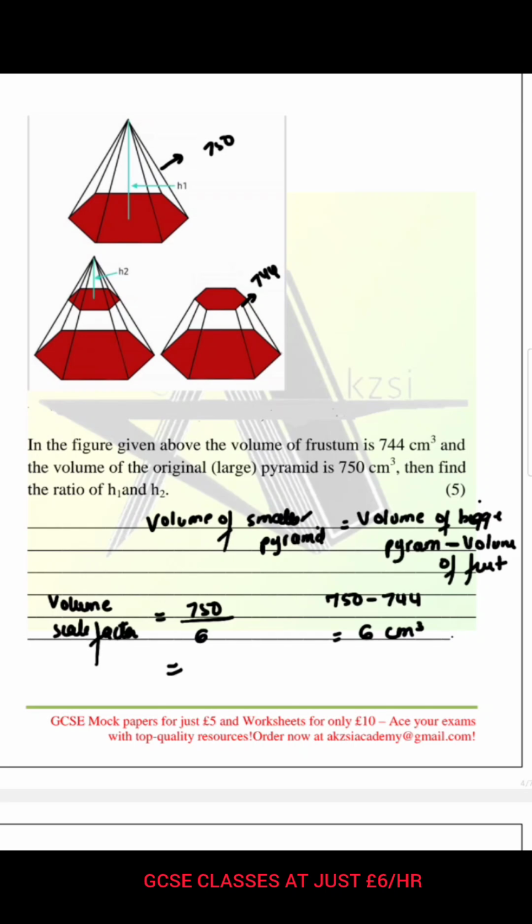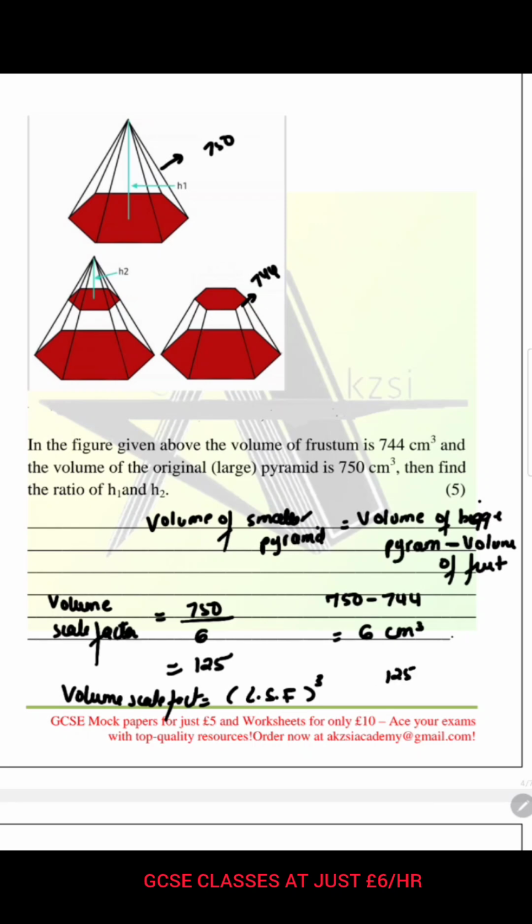So 750 over 6 is 125, and this is your volume scale factor, and the volume scale factor is equal to L cubed, the cube of the length scale factor.